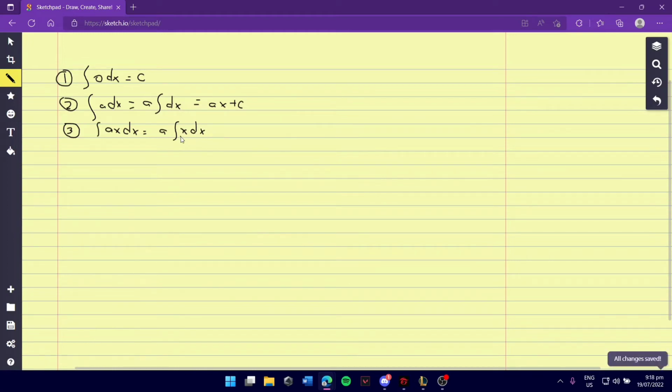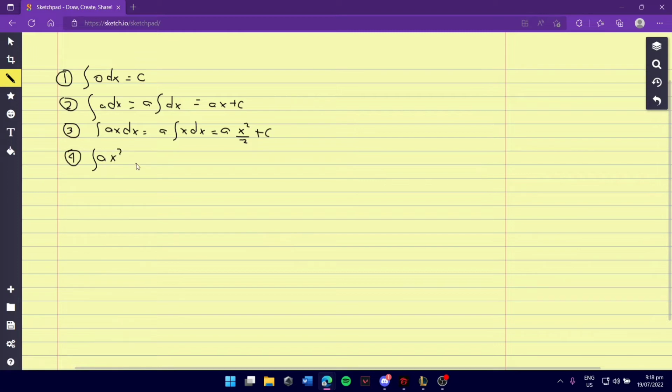So we have a times the integral of x times dx. The integral of x is x squared over 2, then add our c, our arbitrary constant.